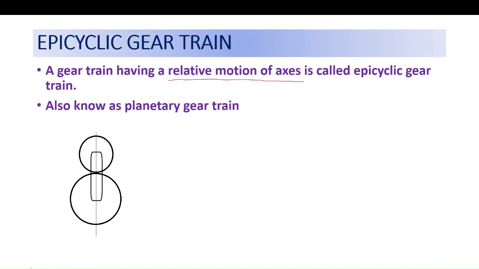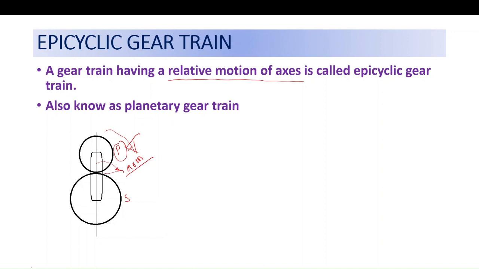So consider this as a gear P and this as a gear S connected by an arm. If this arm A is fixed, the wheels S and P constitute a simple train. Simple gears will be there. However, if this gear S is fixed, so that the arm can rotate, this arm along with this gear P can rotate.